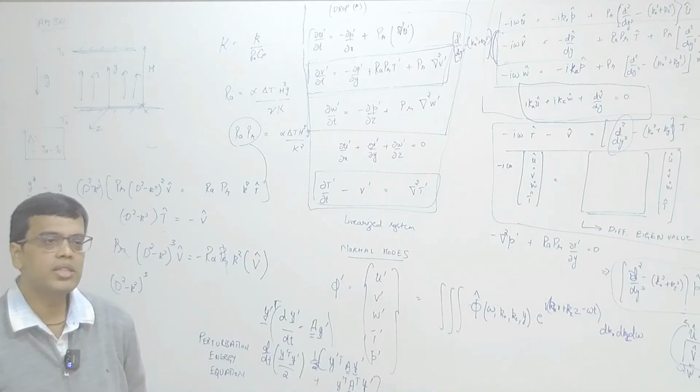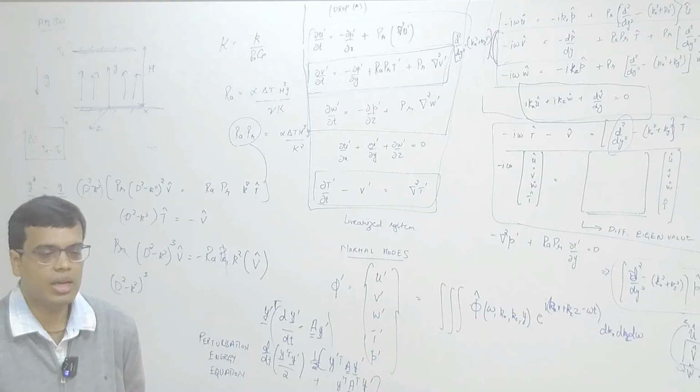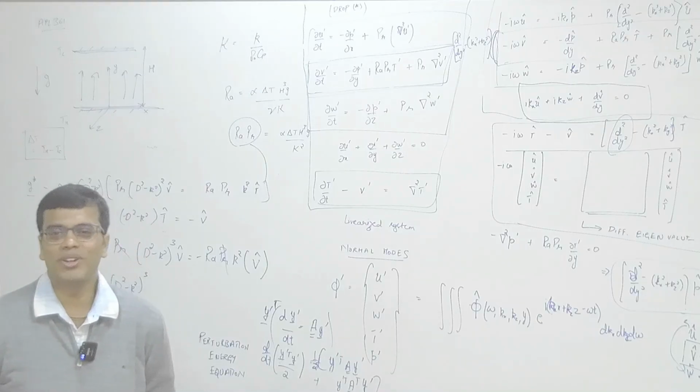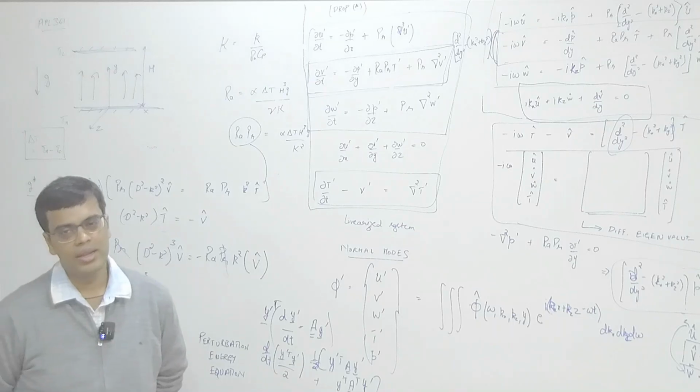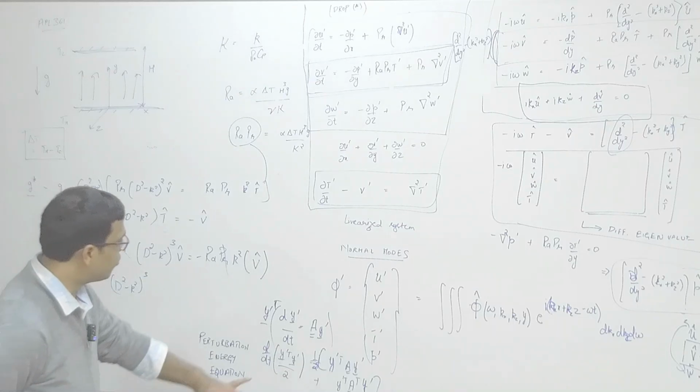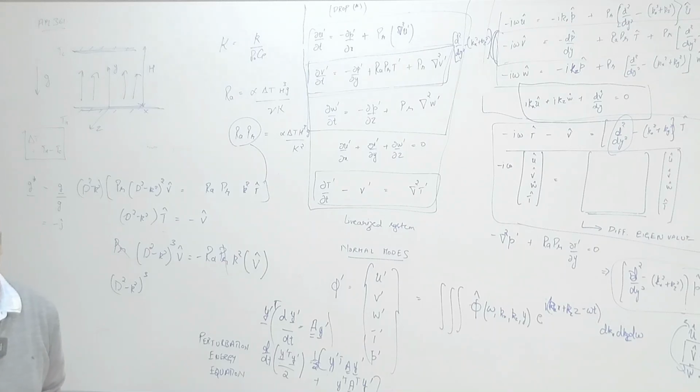Why momentum? Let's say the system that you have has absolutely no clue what is velocity or something like that. This y could as well be, let's say, the population of some type of microorganisms. Then what is momentum? Nothing, right?